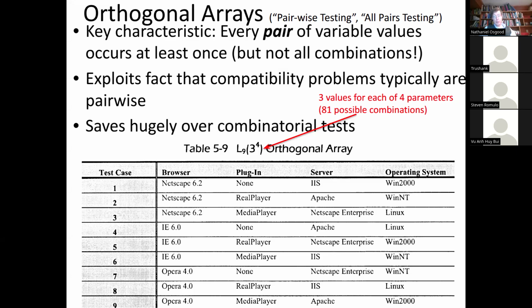One of the key realizations here is that sometimes you don't have the luxury of spending the time considering all possible combinations. So here, for browser, you have three options, Netscape, IE and Opera, and you have four different plugin possibilities, and three different server types, and then three different types of operating systems. You're dealing with a combinatorial explosion.